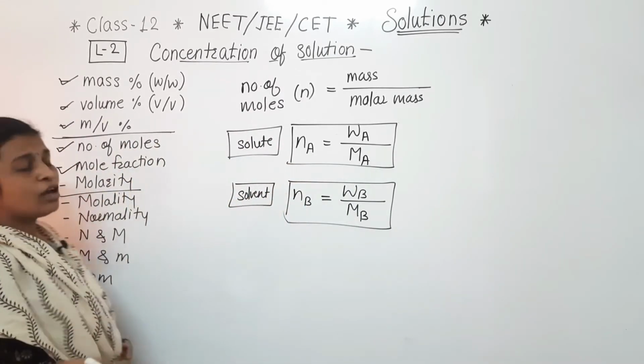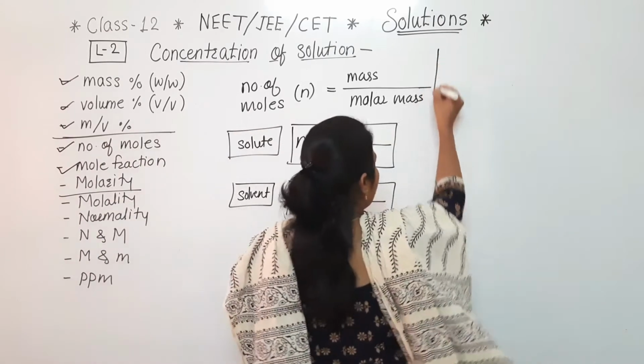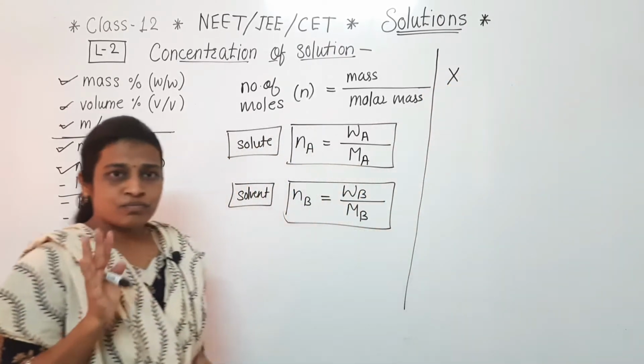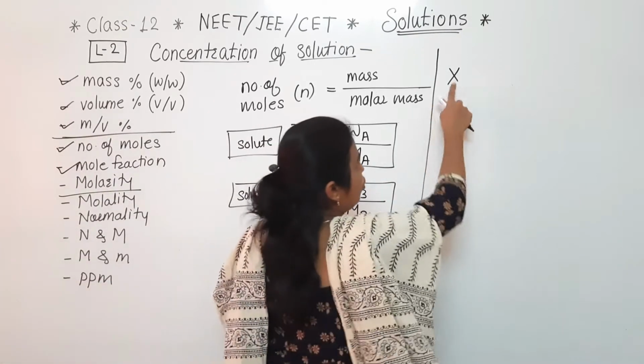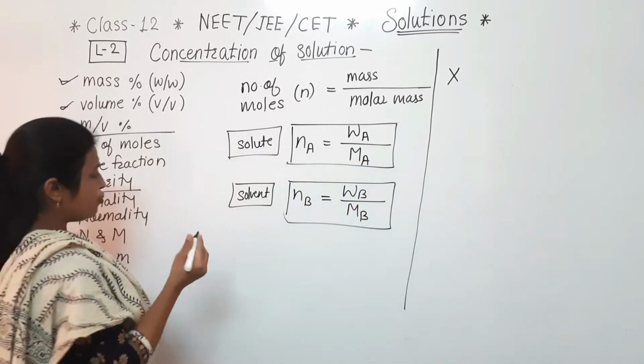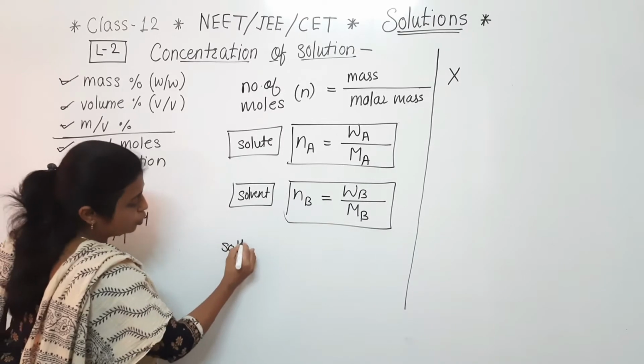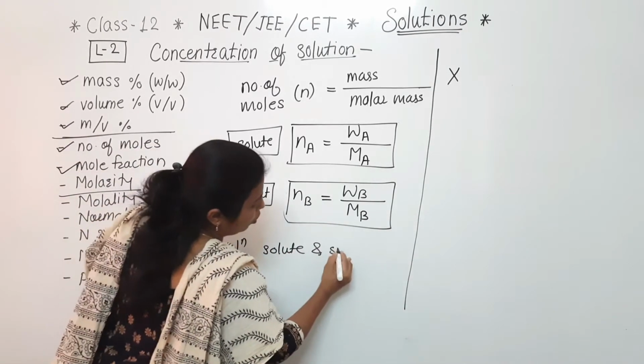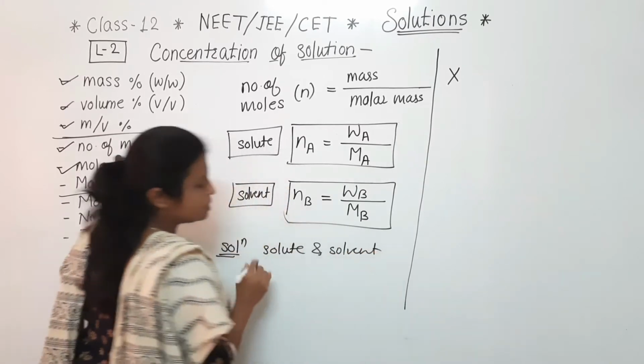Next one is the mole fraction. As we have discussed, mole fraction is denoted by the symbol X. Now what is the mole fraction? See here, if we consider a solution in which solute and solvent, these two components, are there.